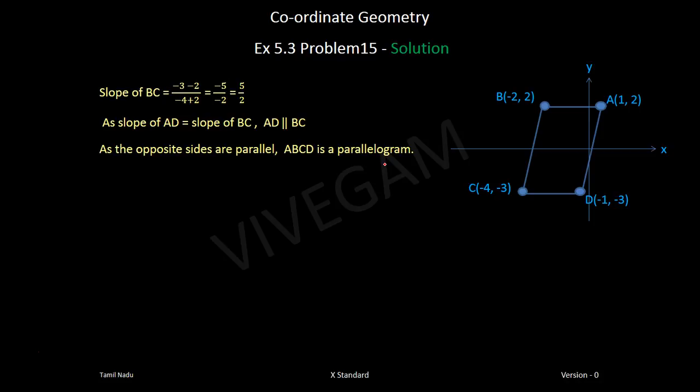Using the concept of slope, a parallelogram has opposite sides parallel, and when lines are parallel, their slopes are equal. That is the concept you'll have to use in solving this problem. I hope it's clear. If not, please go through it one more time. Thanks for watching this video.